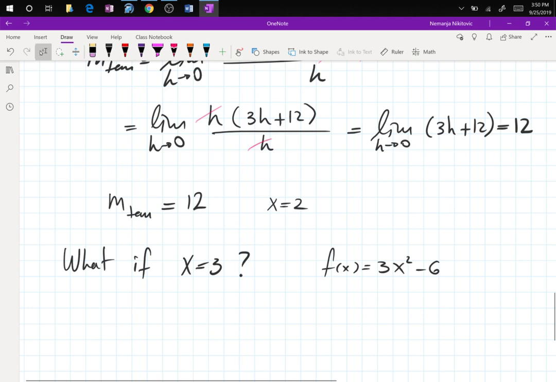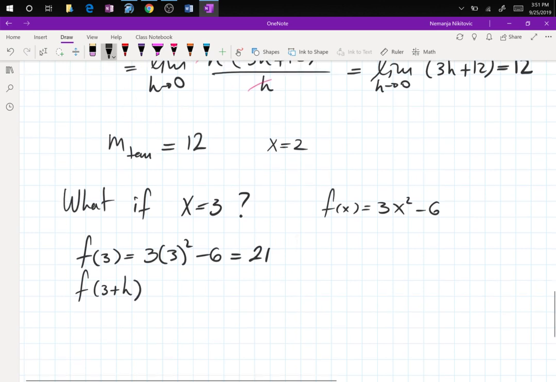There is nothing you can salvage, because now your f of a, which is now f of 3, is going to be 3 times 3 squared minus 6, and that's 21, right? In the previous problem, you had 6 when it was at 2, and now it's at 3 and it's 21. You have to recompute also the a plus h part, because now it's 3 plus h, not 2 plus h.